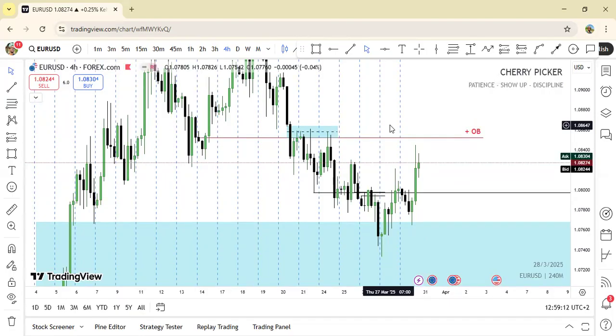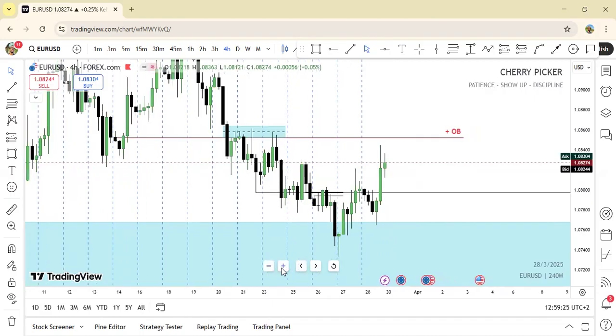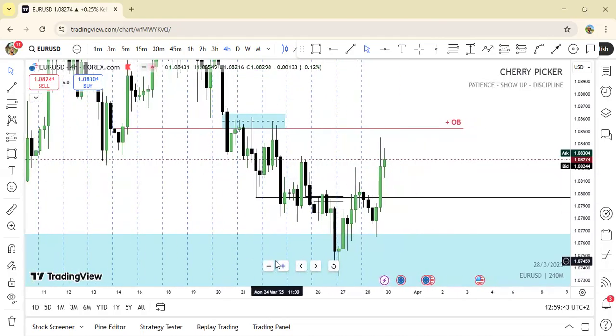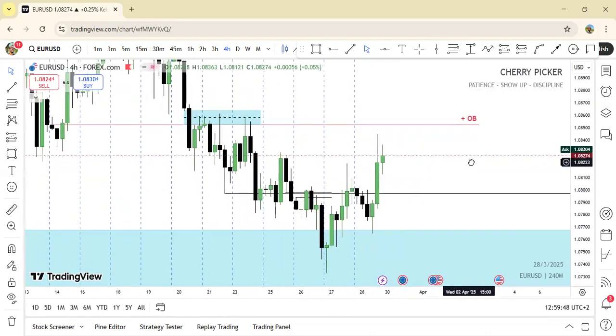Price returned nicely inside the fair value gap and the order block and went to our previous day low, or Friday low, or previous weekly low. Now, what happened on Tuesday?